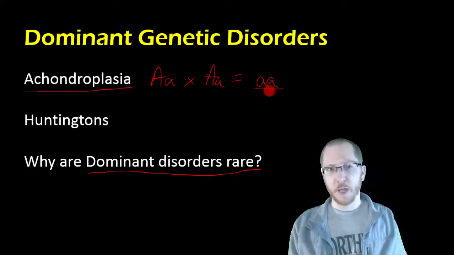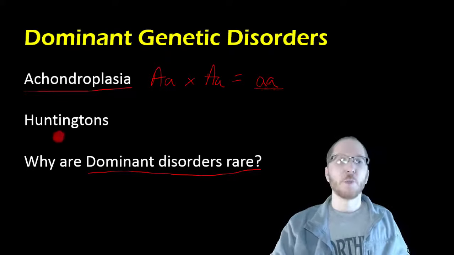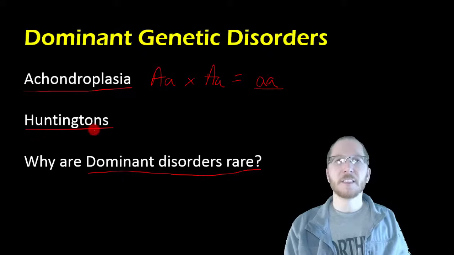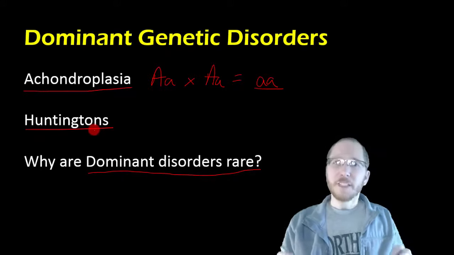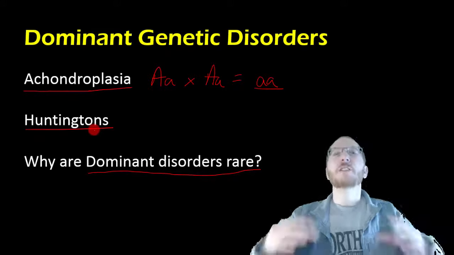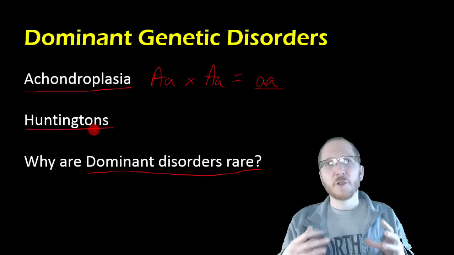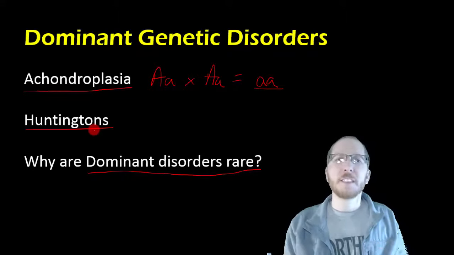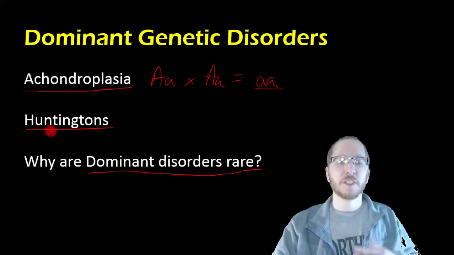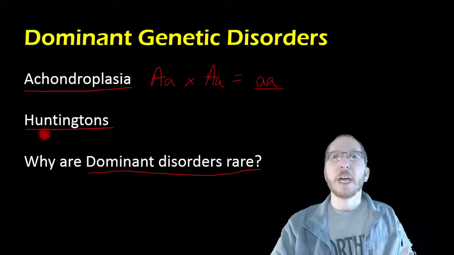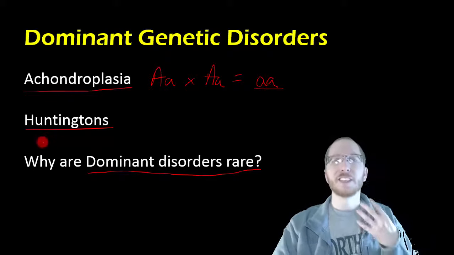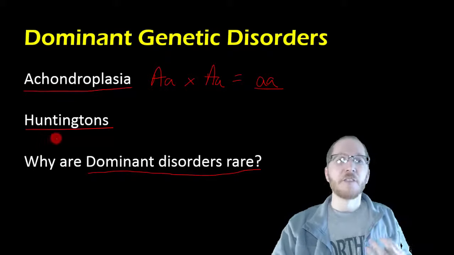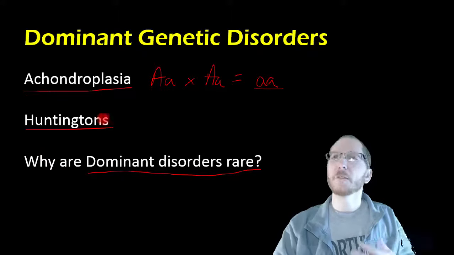The other disorder we'll talk about is one that ultimately doesn't impact your ability to reproduce, but still does a lot of damage. Like achondroplasia still has its effects early on, it's just the effects aren't so severe you can't reproduce. But with Huntington's, this is one where your nervous system starts to basically break down. And so you start to lose your motor skills and you start to kind of lose your mind. If you watch House, this is what 13 was worried about having.